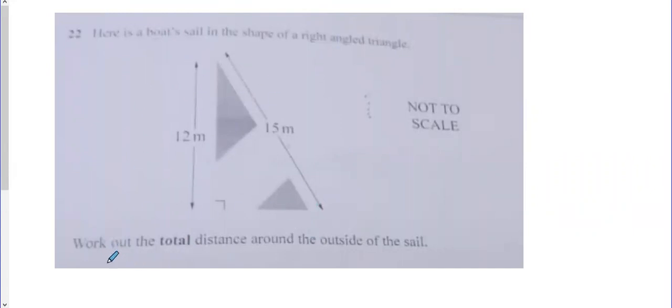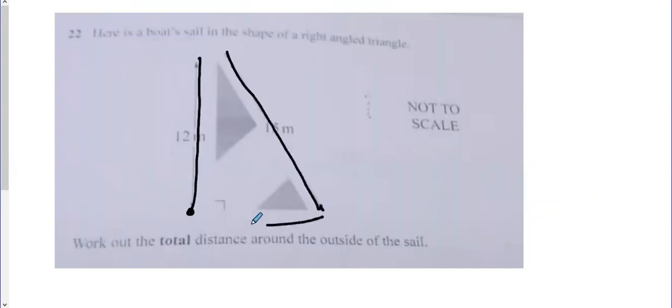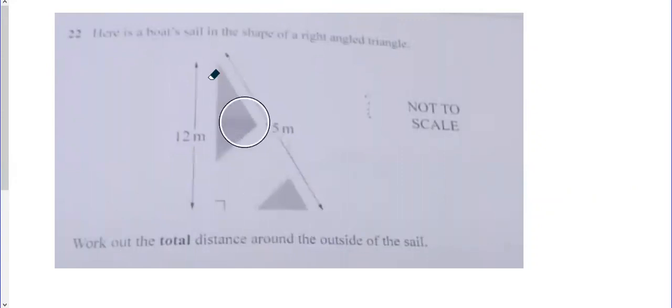That's the body cell. Work out the total distance around the outside of the cell. So we are supposed to take this plus that, and then plus this, and plus that. So we are going to use Pythagoras' Theorem to work out the missing side.